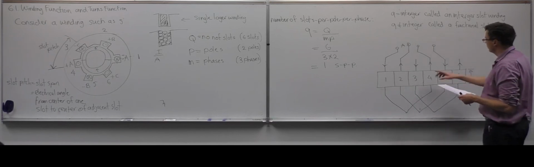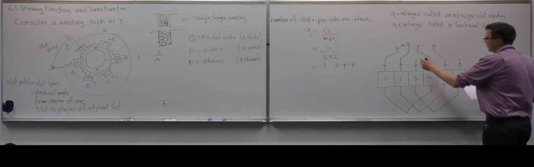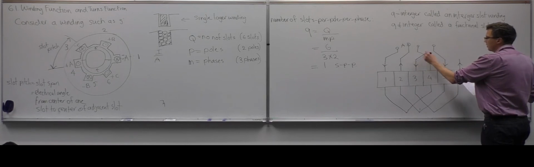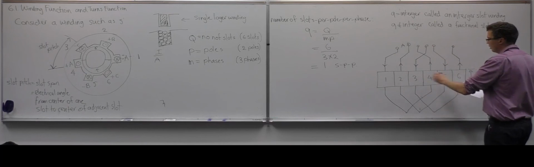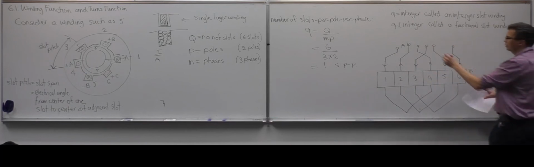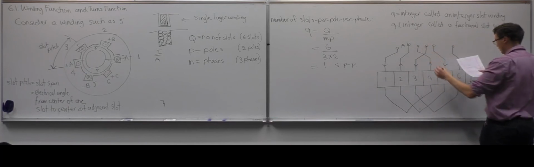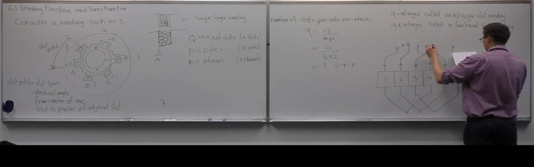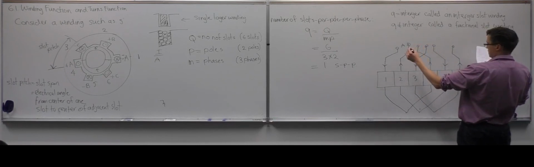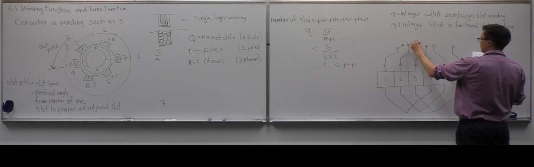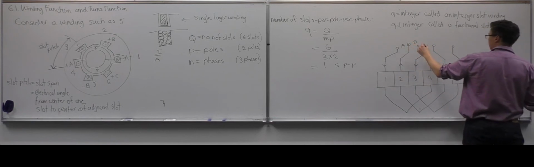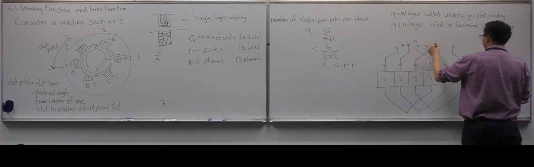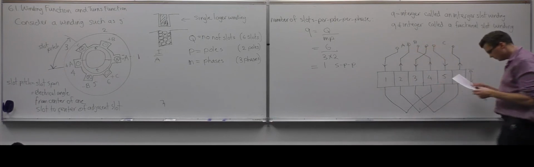This is one possible winding configuration, an overlapping lap winding. We'll talk about different windings as well. B and C. Okay.